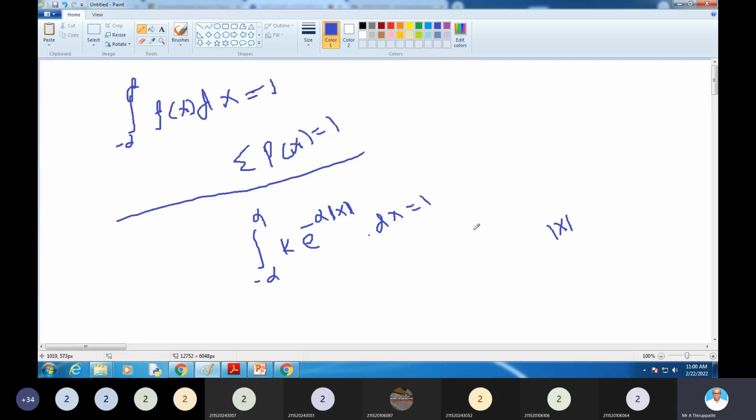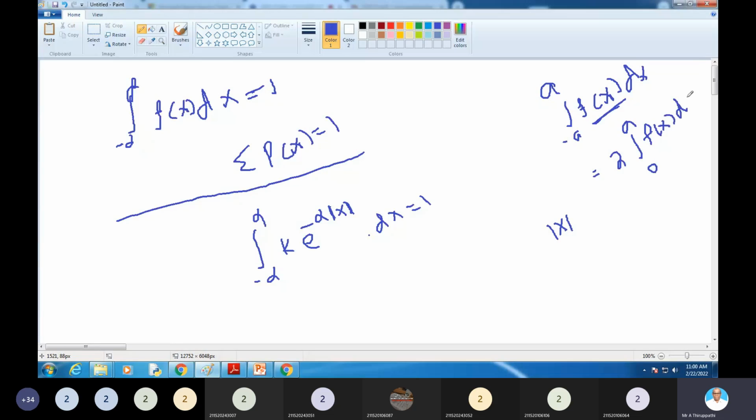We have already studied in lower classes the integral from minus a to plus a of f of x dx. If f of x is an odd function, it means 0. If f of x is an even function, it means 2 times the integral from 0 to a of f of x dx.